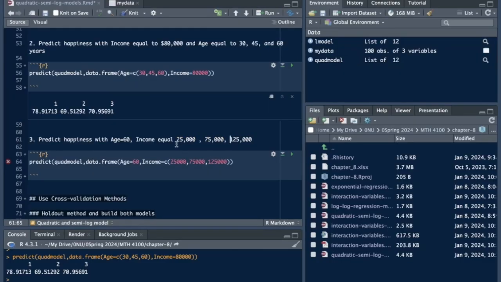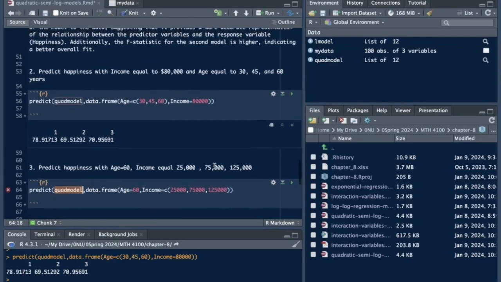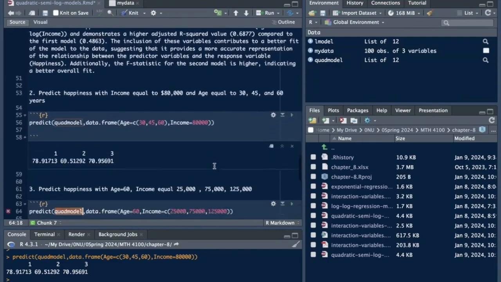Or you can add a backslash before the dollar sign, and that will do the job. Quad model: when you do the predict function, as we said many times, we are plugging these values into this model. We are plugging the data frame values into the quad model. It's just a plug-in, like what you do in math.